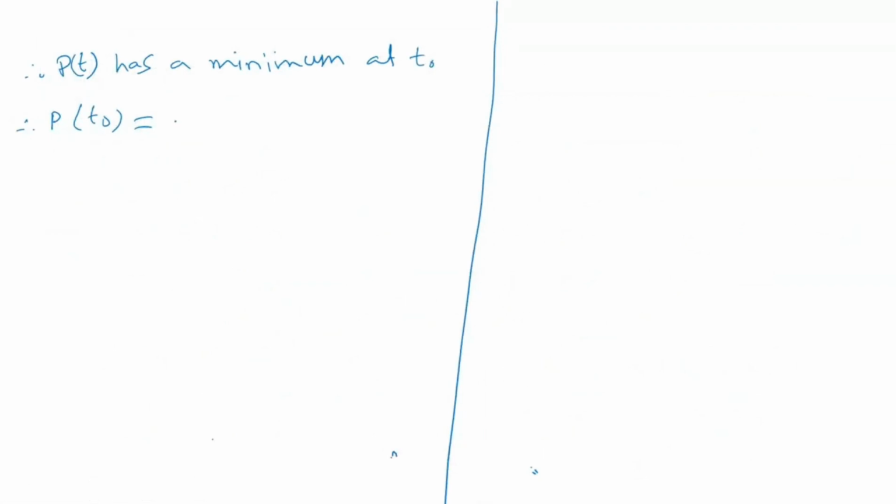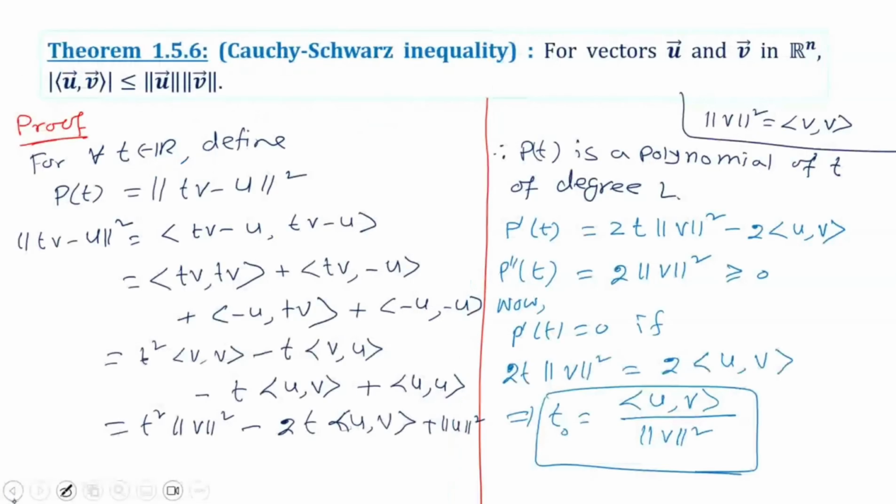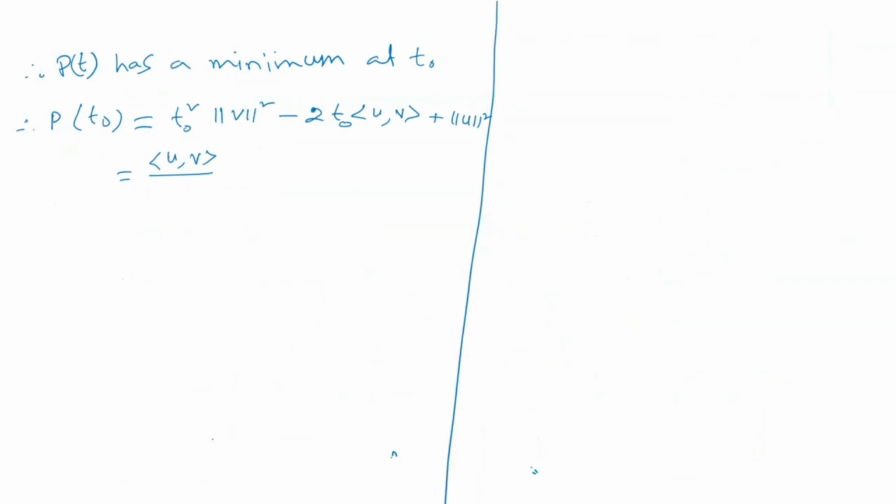P(t naught) is equal to t naught square norm of V whole square minus 2 t naught inner product ⟨U, V⟩ plus norm of U whole square. Here t naught is ⟨U, V⟩ over norm of V whole square.